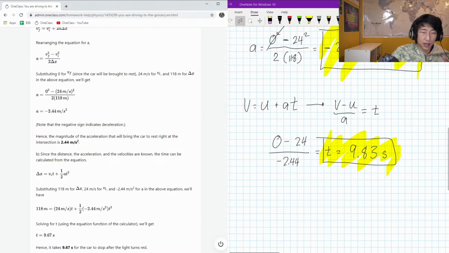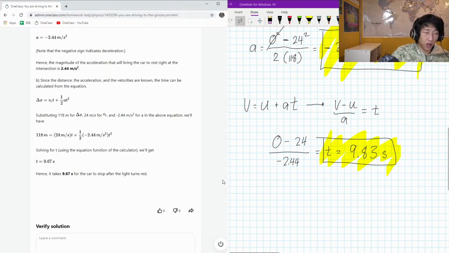But this small 200 millisecond difference is not that significant, so these would both be considered reasonable right answers. But I think this way is a lot easier because if you use that other kinematics equation, you will need to use the quadratic formula. So this will be a lot easier in my opinion.